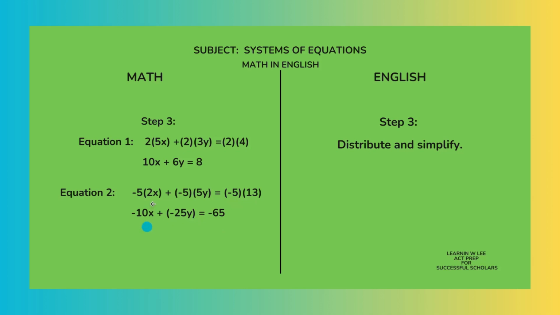Because in this step, if, for instance, in equation 2, instead of negative 5 times 2x equaling negative 10, I had put a positive 10, I would have a different and incorrect final answer. So you always want to make sure you're adding, subtracting, multiplying, and dividing positive and negative values correctly.